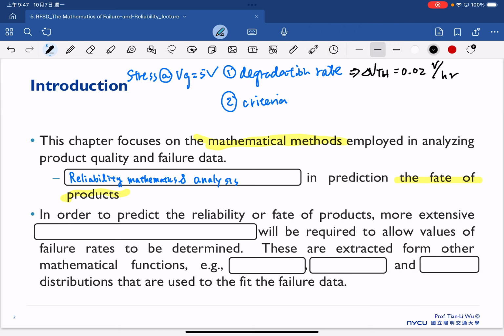So for example, our delta VTH is smaller than 1 volt. So based on this spec, in any case our device cannot have the threshold voltage larger than 1 volt. However, with this stress condition, we always have this degradation rate, which will be 0.02 volt per hour. So by considering this simple case, we can start to estimate our lifetime.